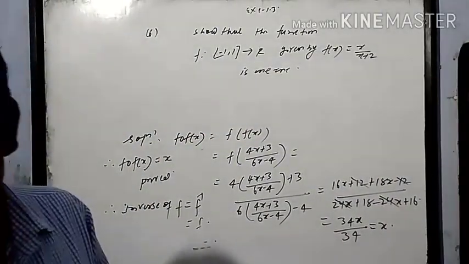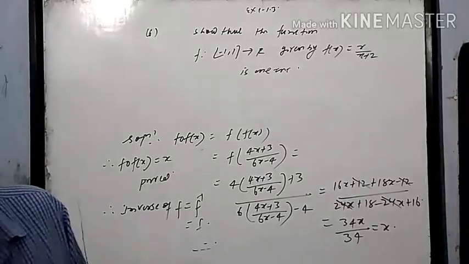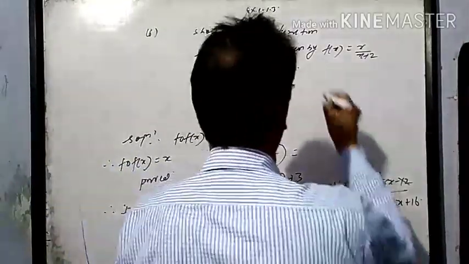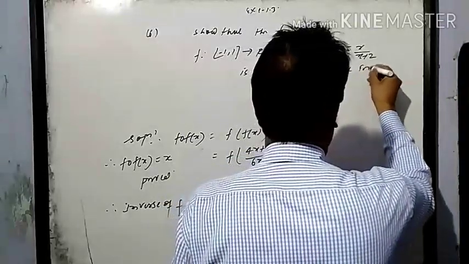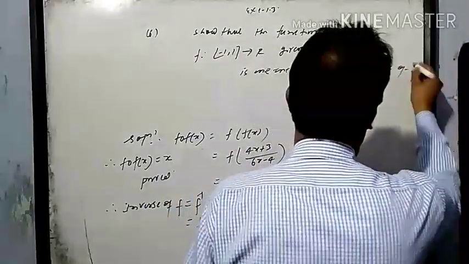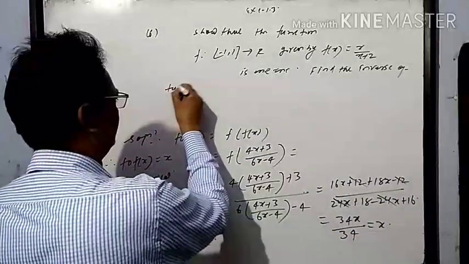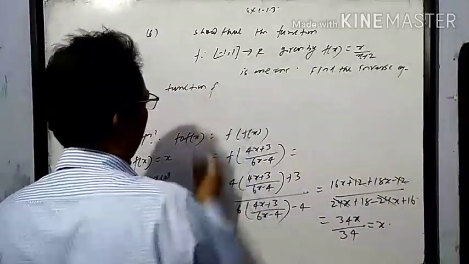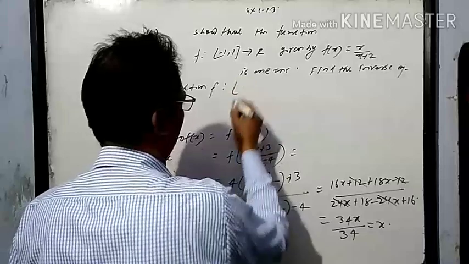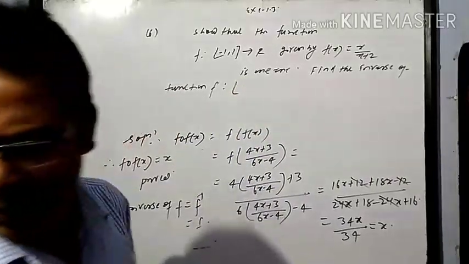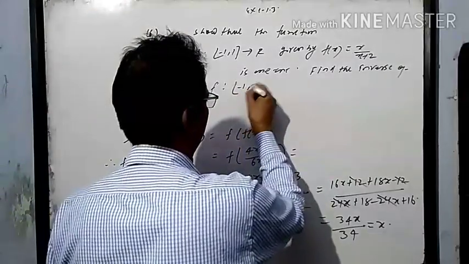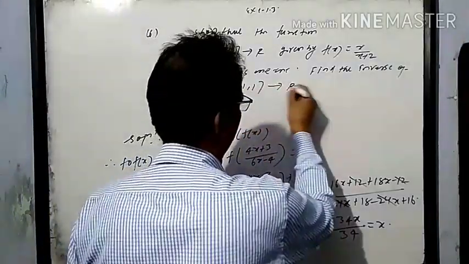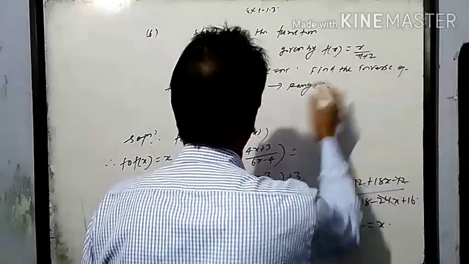Find the inverse of the function f defined from the closed interval [-1, 1] to the range of f.